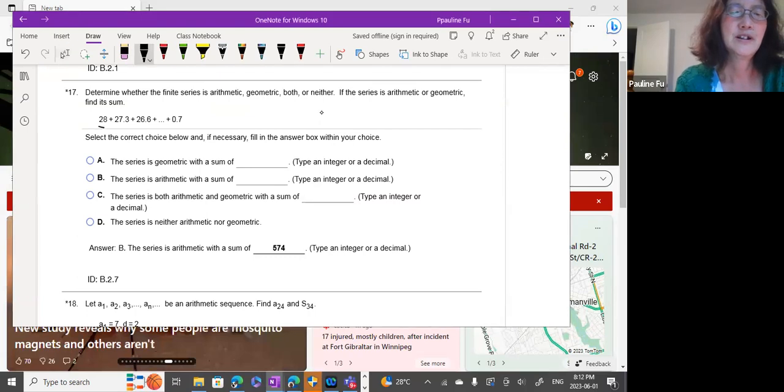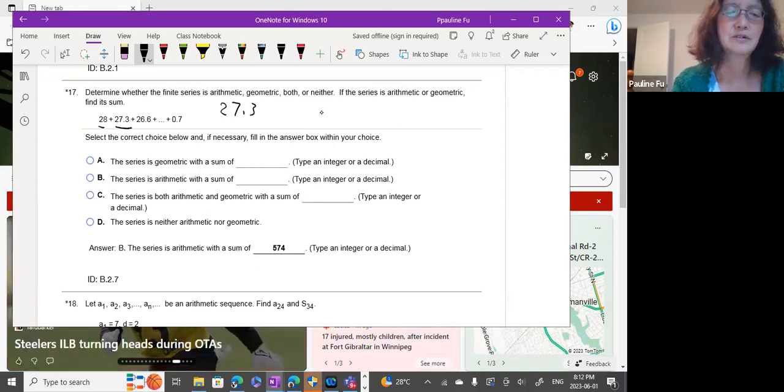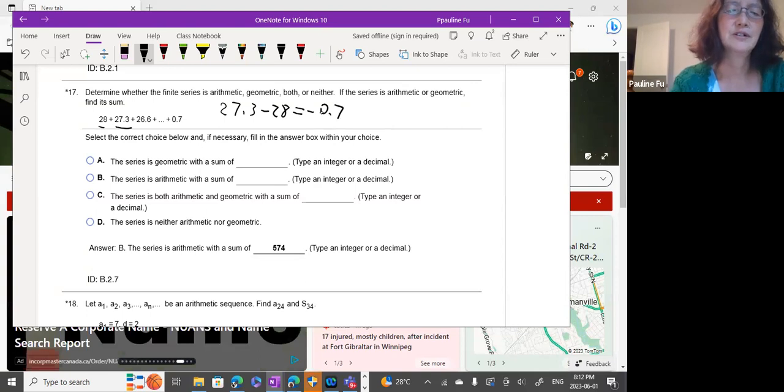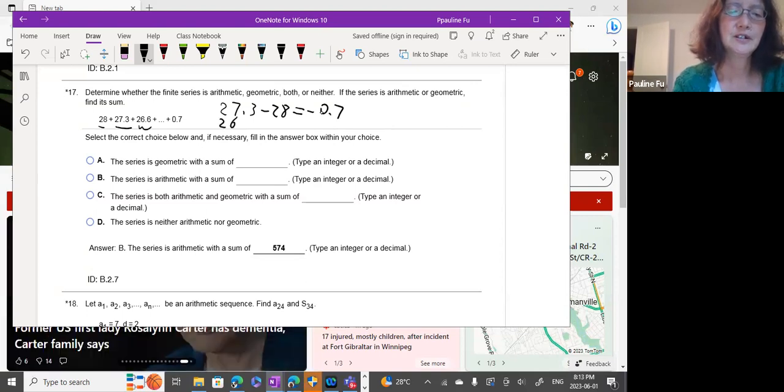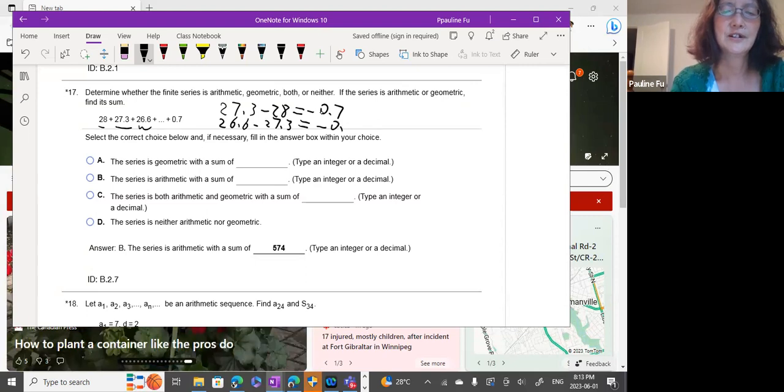So 28, 27.3. The difference between the second term and the first term is negative 0.7. And then the difference between the third term and the second term is also negative 0.7.